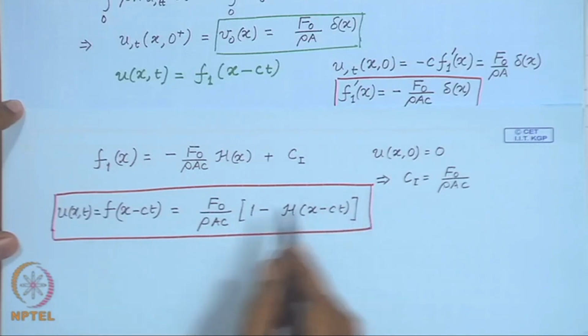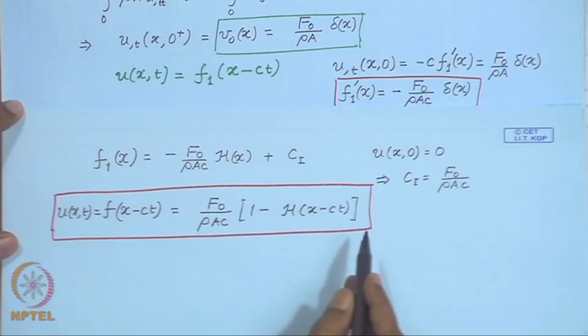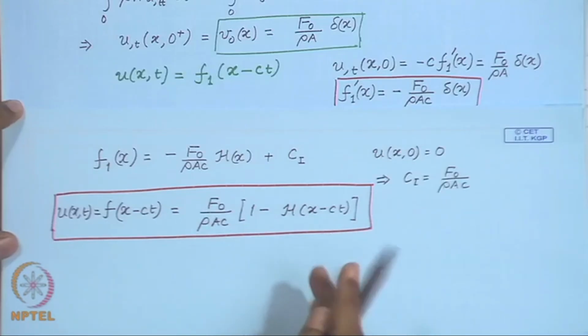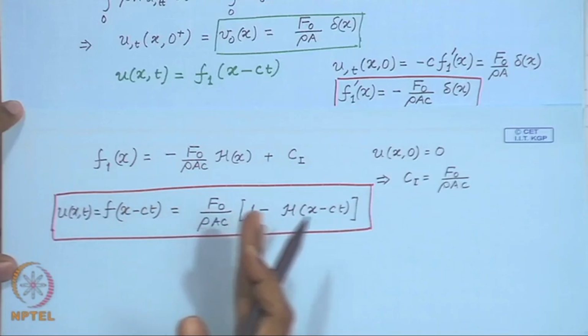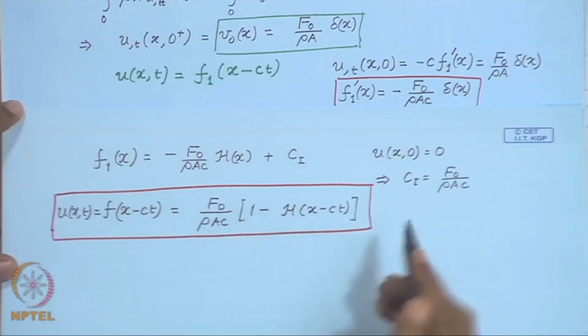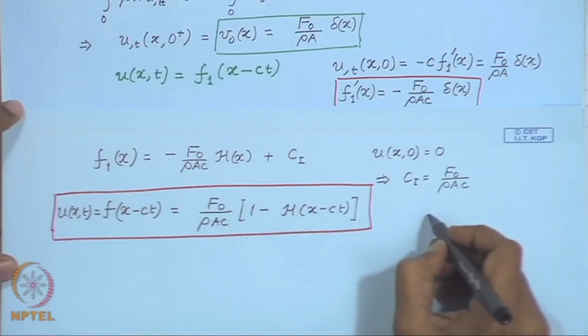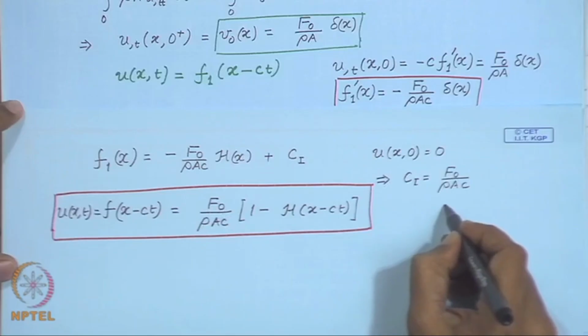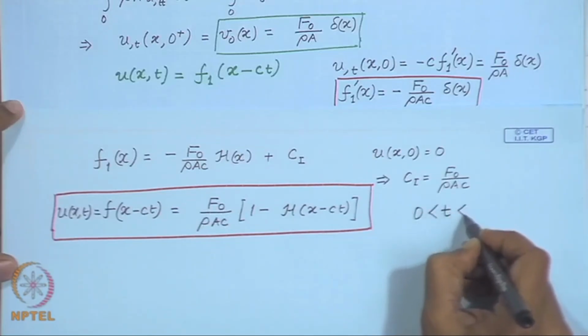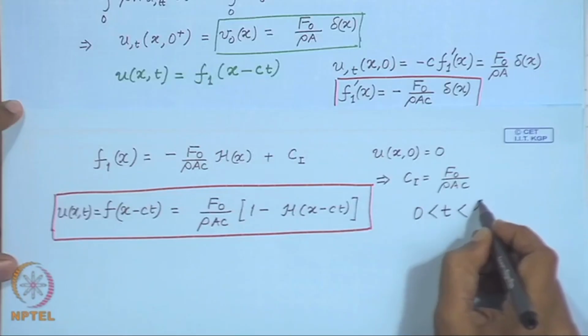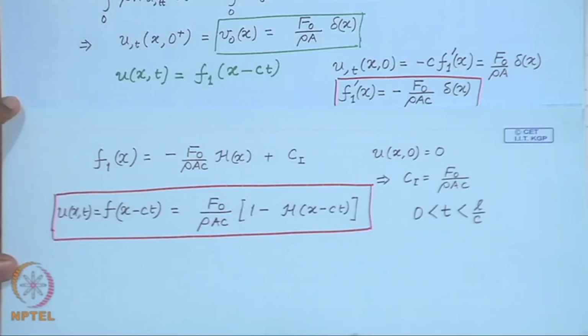But remember that this solution is valid only as long as this wave has not reached the right boundary of the bar. So, the validity of this solution is from 0 plus to L over c.